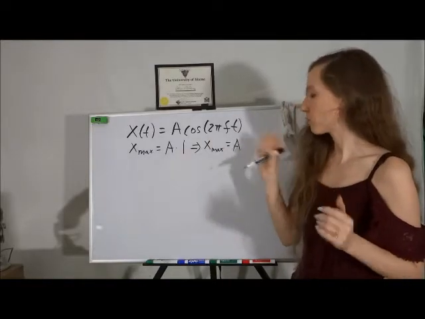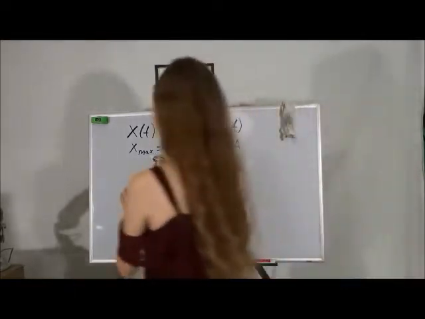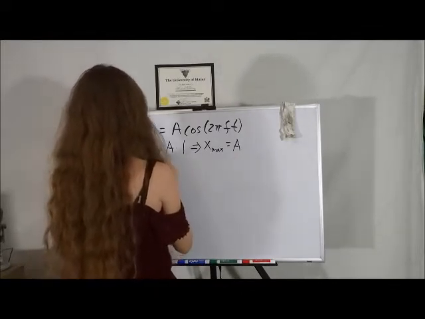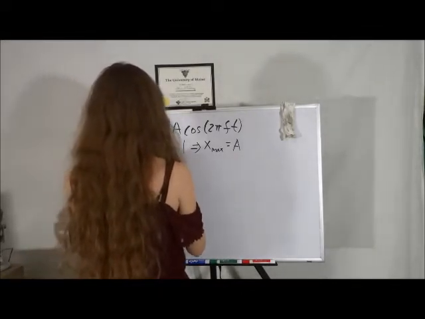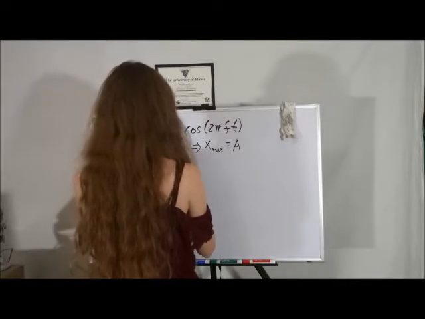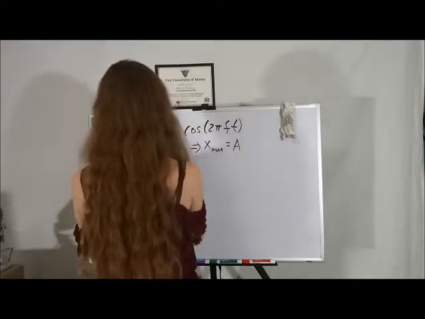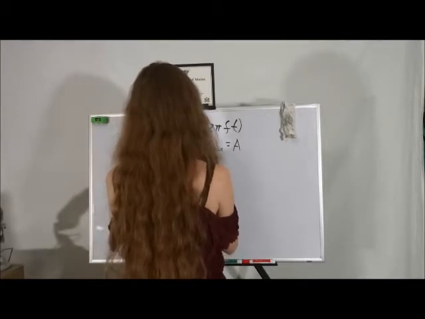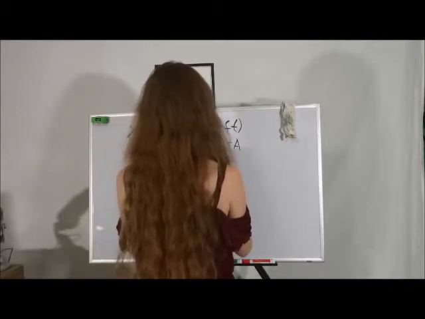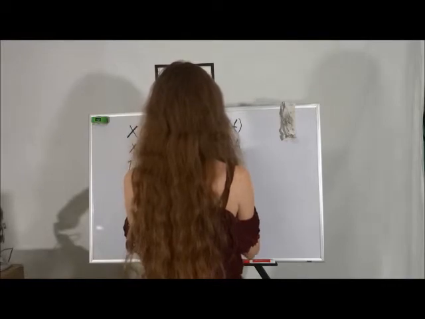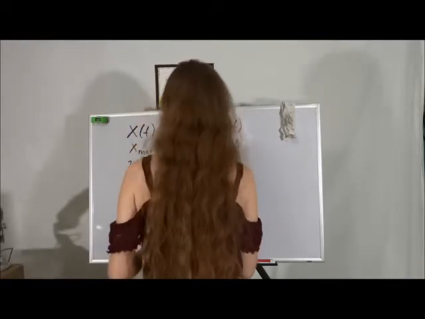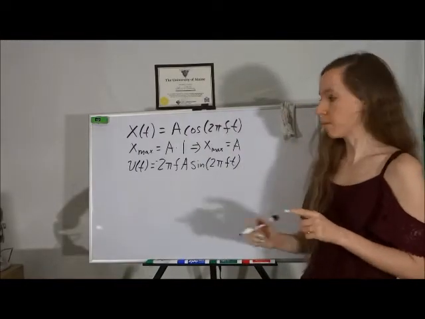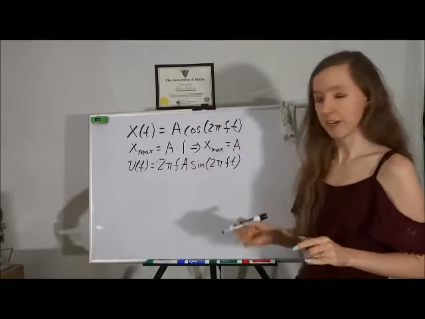Next we'll look at velocity. Velocity is 2 pi times the frequency times our amplitude. We have a negative sign out front, and then we have times sine of 2 pi times the frequency times the time. If you want the biggest this can be, we can ignore the negative sign.